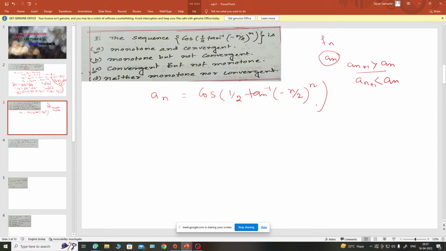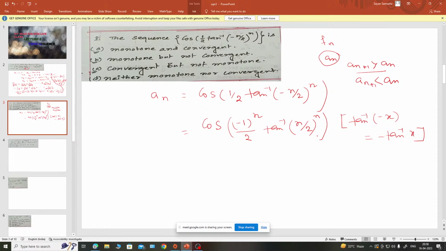First we know that tan inverse of minus x is equal to minus tan inverse of x. So this we can write as (cos of minus 1 by 2 tan inverse of n by 2) whole to the power n. Is it clear to everyone?